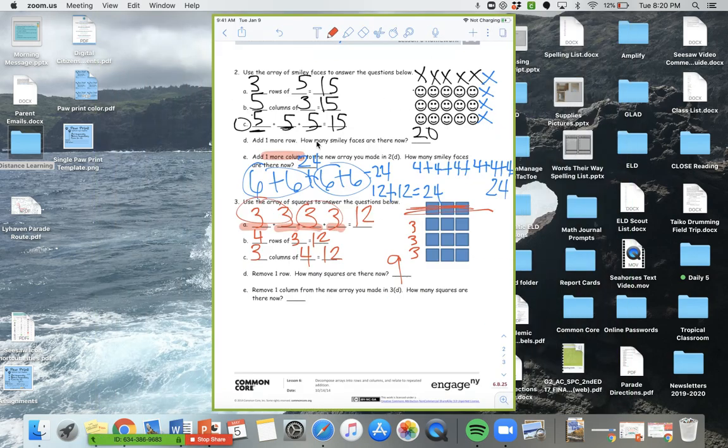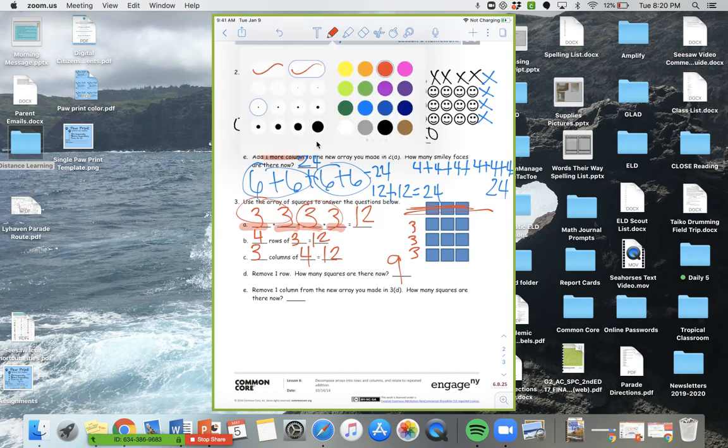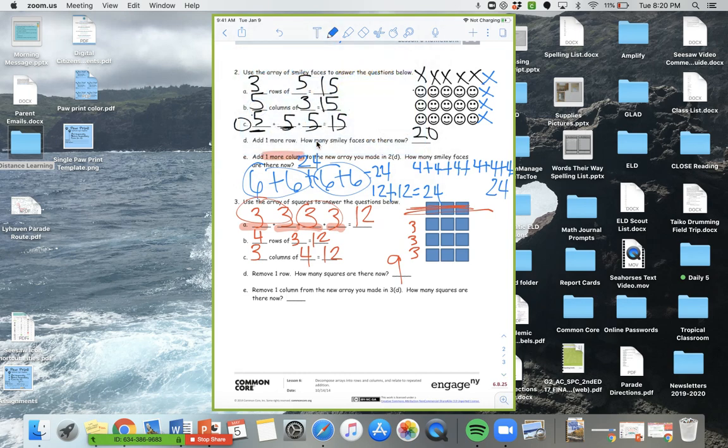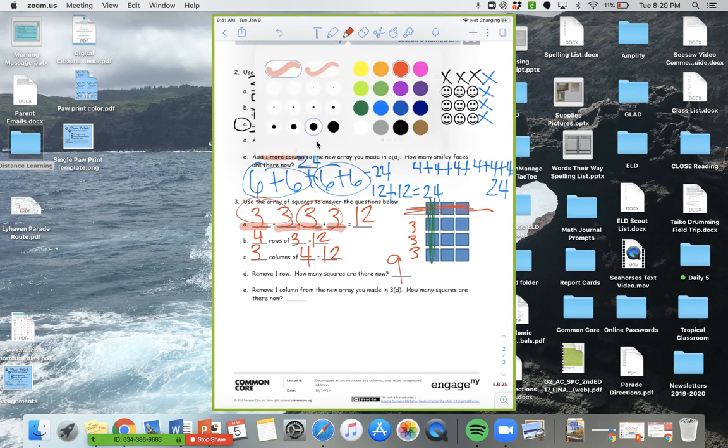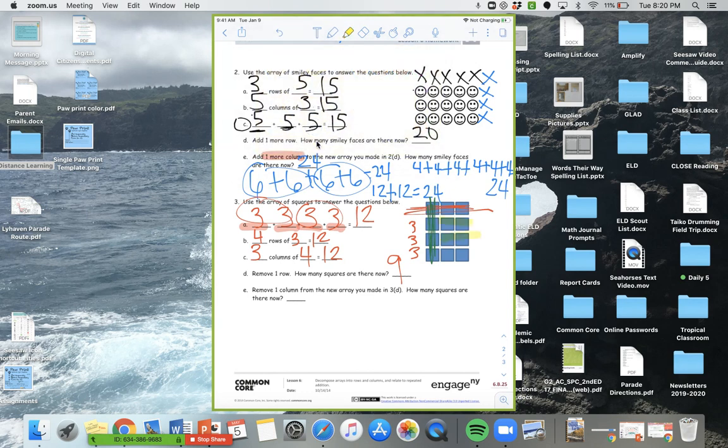Oops. Sorry, friends. So question E. Remove 1 column. So I'm going to use a different color. Let me use green. So a column is like this, right? So now I'm just looking at this part. I don't know if you can see that. So how many squares are there now? Well, I see there's 2 and 2 and 2.